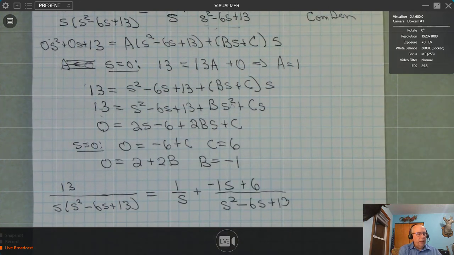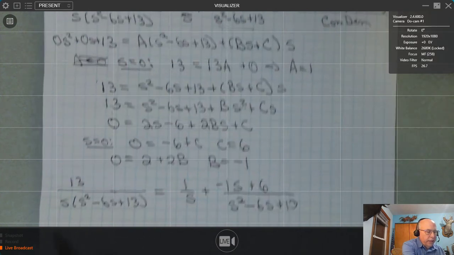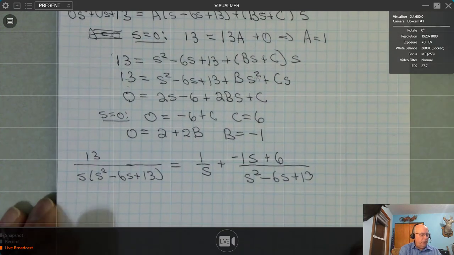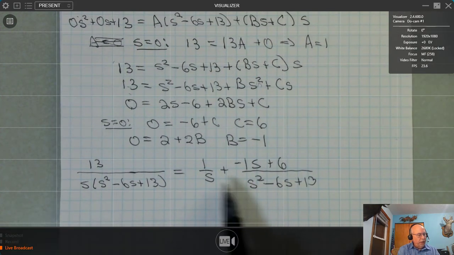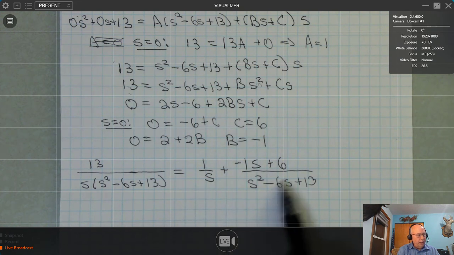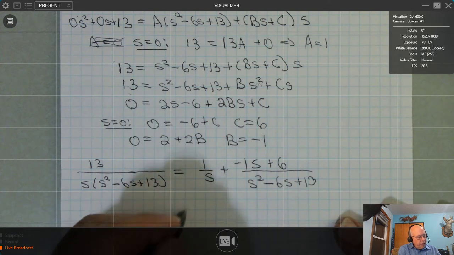So there's my fraction split into a fraction with a linear denominator and a fraction with a quadratic.